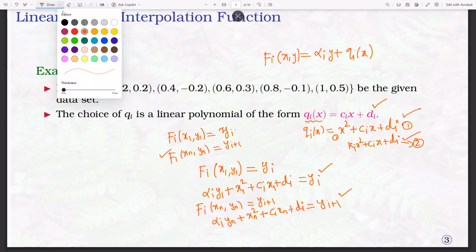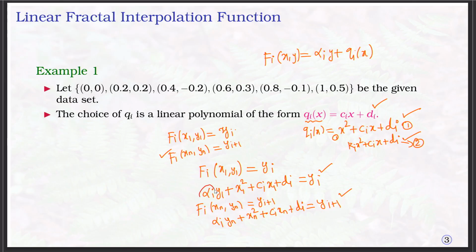From these two equations, the scaling factor alpha i is a predefined parameter that we need to choose from -1 to +1.